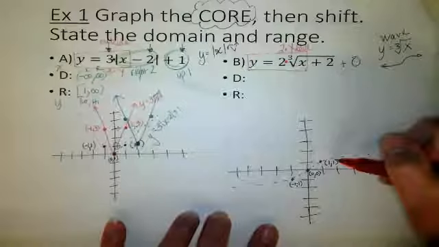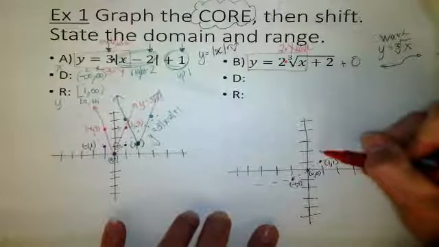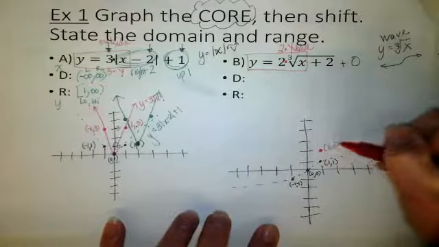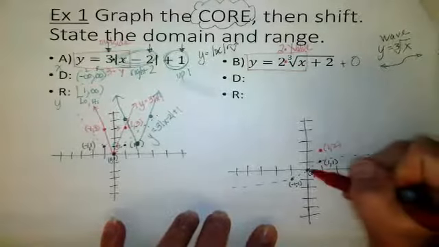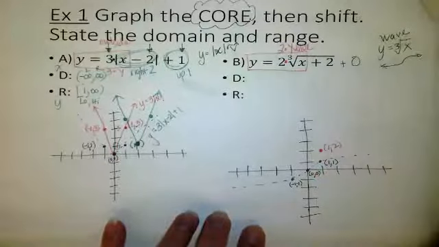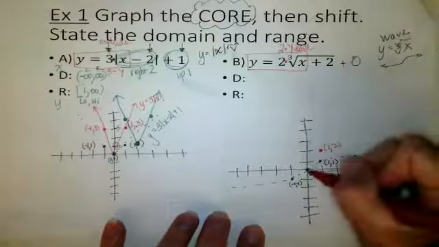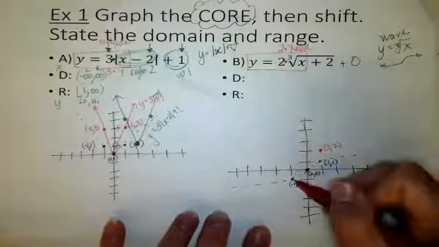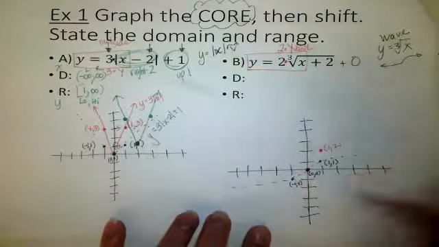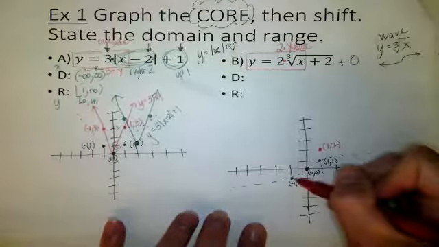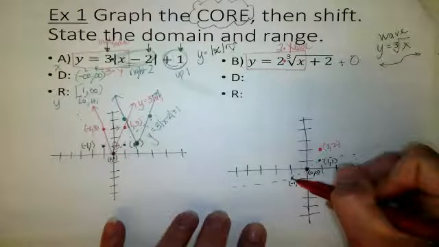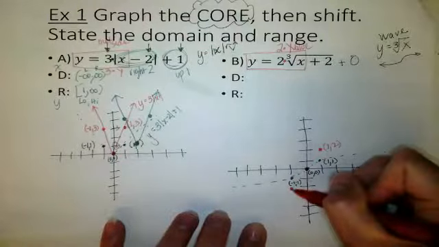What does 1, 1 turn into? 1, 2, yeah. So the y, 1 times 2 is 2. The x stays the same. What about 0, 0? It stays 0, 0. 0 times 2 is still 0. And then -1, -1 is going to turn into -1, -2. And you can see what's happening.